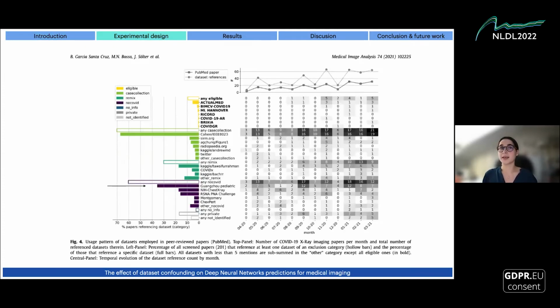So in the case of COVID-19, several publications proved that most of the papers proposed solutions that were not ready for safe clinical use.